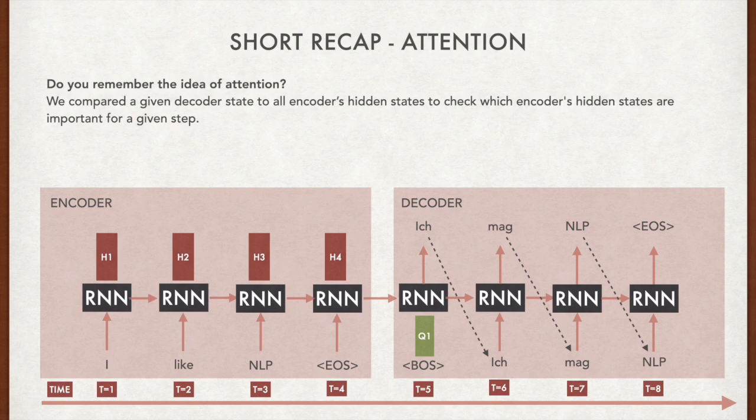In classic attention mechanism, we compare a given decoder representation with each of the encoder's representations to find which encoder states are the most important for us at a given time step, here from the Q1 vector perspective. The self-attention is a slight modification. Instead of calculating the attention between the modules, encoder and decoder, we calculate it only within a given module, here the encoder.